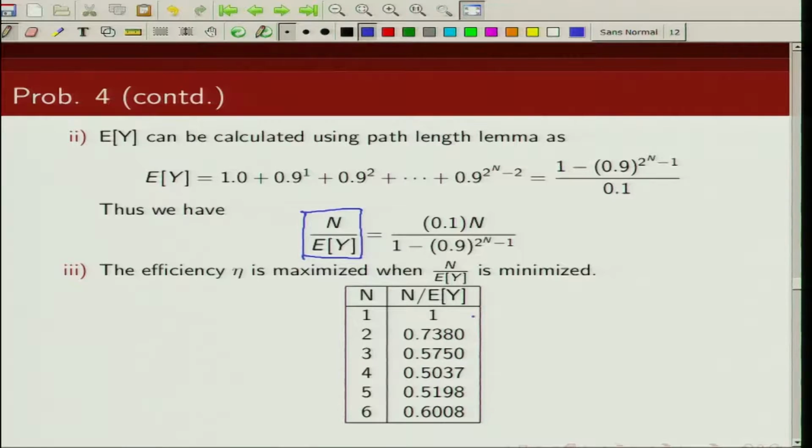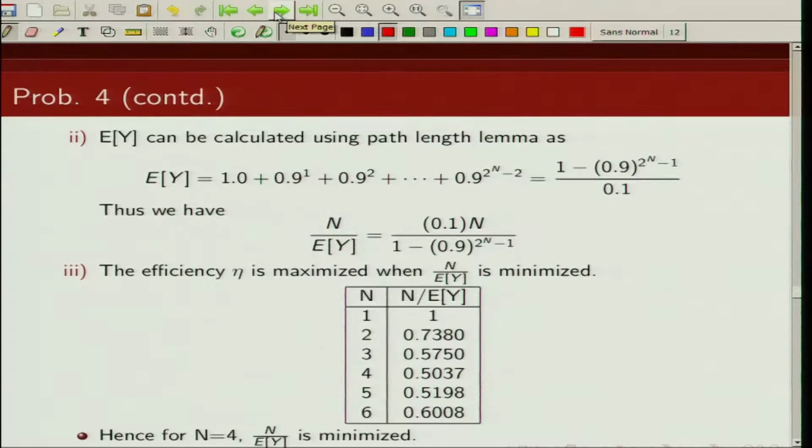I have written it here. For n equal to 1, this is 1. For n equal to 2, this comes out to be this. So you can see this ratio is smallest for this quantity. In other words, for n equal to 4, this ratio of n divided by expected value of y is minimized. In other words, the efficiency is maximum for n equal to 4.